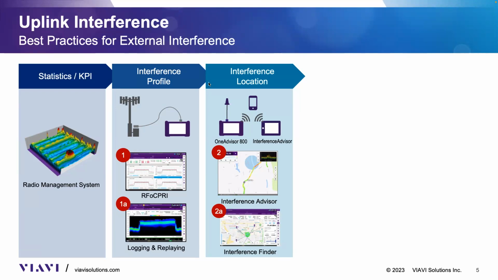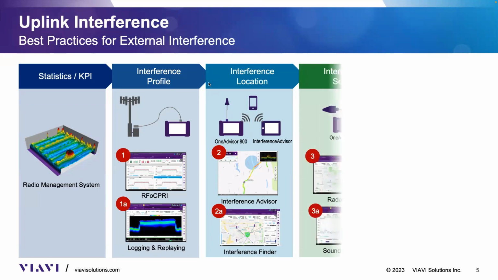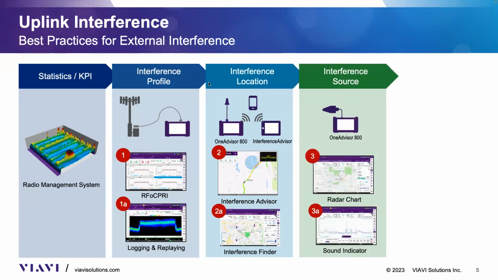So my recommendation is just to do a drive test with the interference advisor. That's going to help you get a lot of data samples, and the system is automatically going to be able to narrow down the location where the interference is. Once we know the location, then it's a matter of finding the device or the amplifier that is creating that interference.